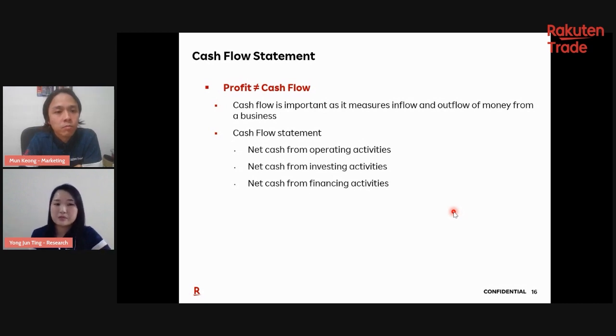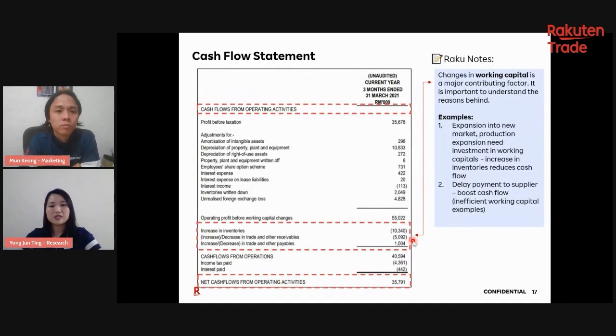So in the cash flow statements, there are three main cash flows: cash from operating activities, from investing activities, and also from financing activities. But what's more important is from the operating activities. Okay, so here, maybe a bit technical or slightly more detailed, in depth.